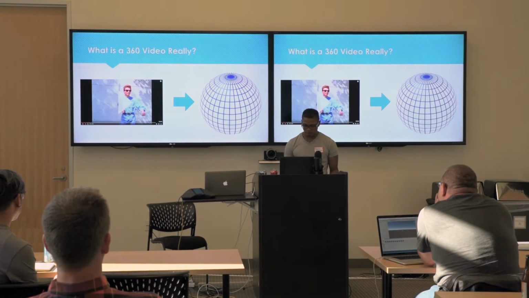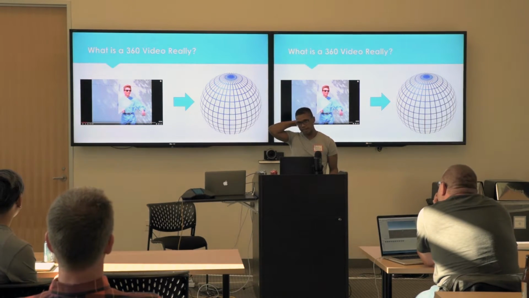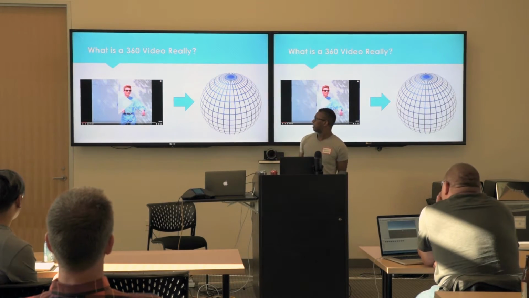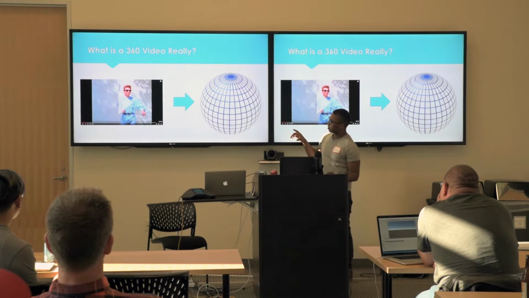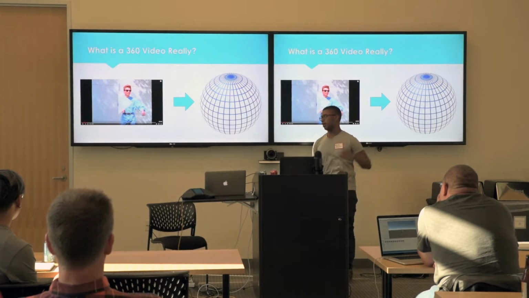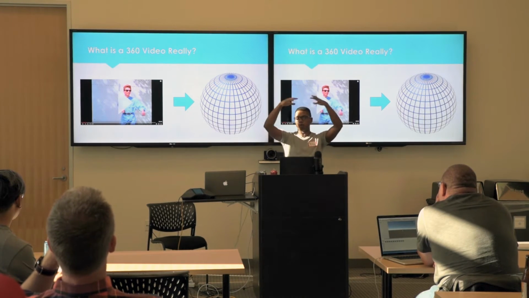So, before we get into the technical nitty gritty, I think it's really important to help you guys understand what a 360 video actually is, right? And it's really simple, at least from the perspective of making it in Unity. Basically what we're doing is taking a video file that's usually projected onto a 2D plane, and we're trying to project it onto some spherical dome or mesh, right?